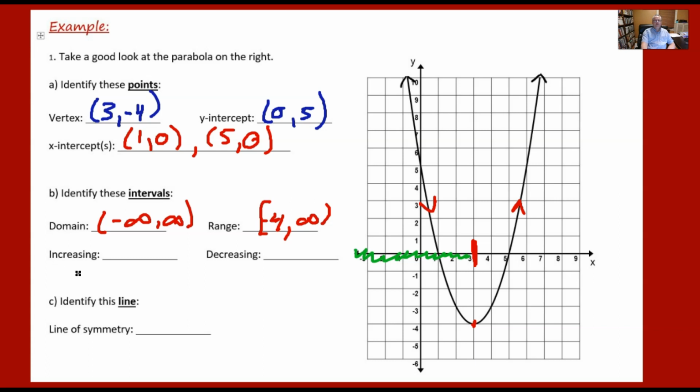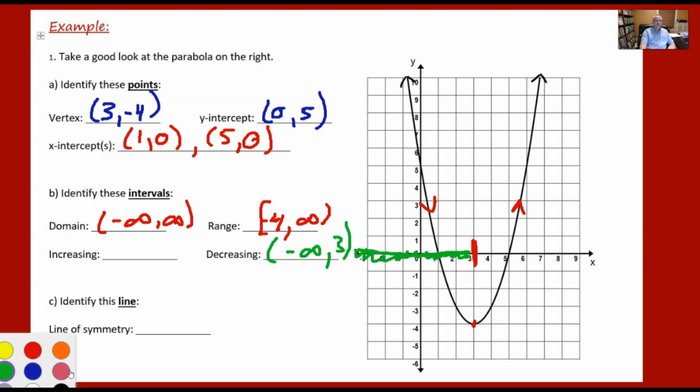But it's asking for intervals on the x-axis where the function is increasing, decreasing. Well, it's going down until we get to 3. So the decreasing part would be from negative infinity to 3. All right, these are the x values for which the graph is going down.